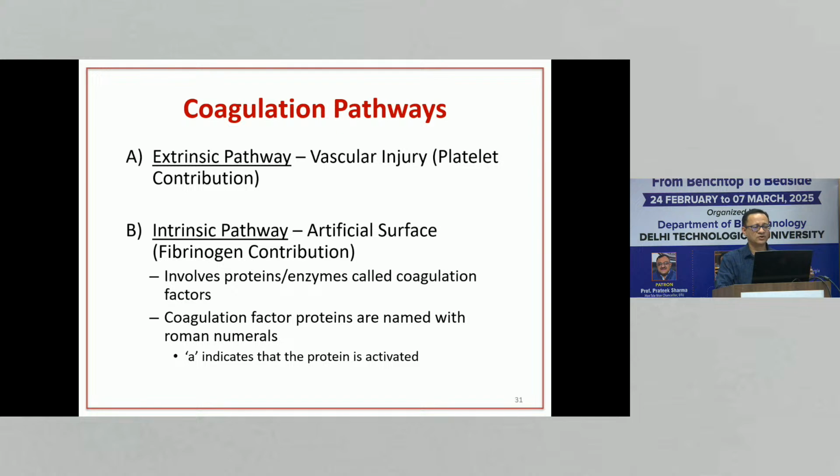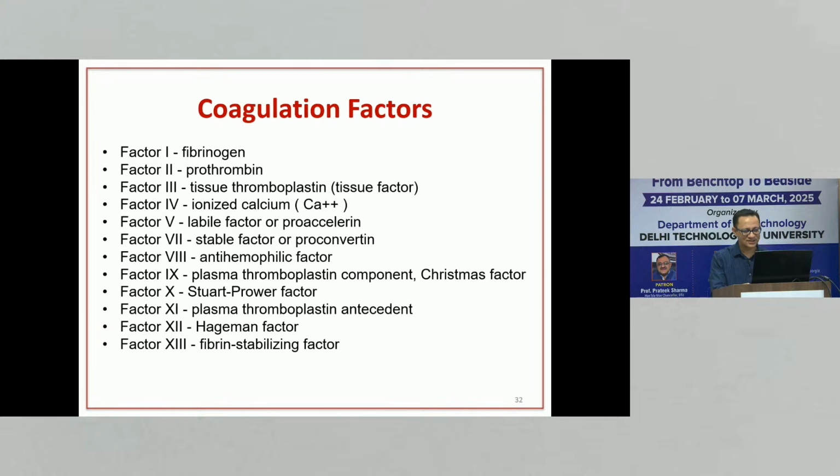We talked a little bit about that extrinsic pathway, right? External injury, that's what's happening. Now let's get a little bit more confusing. When coagulation happens, there are coagulation factors in the blood also, right? And here are some of the coagulation factors.